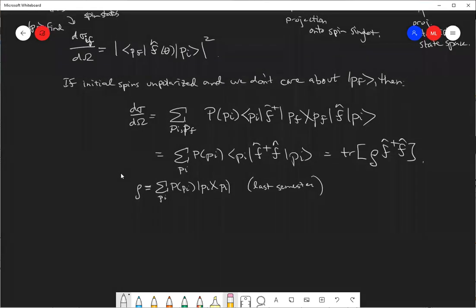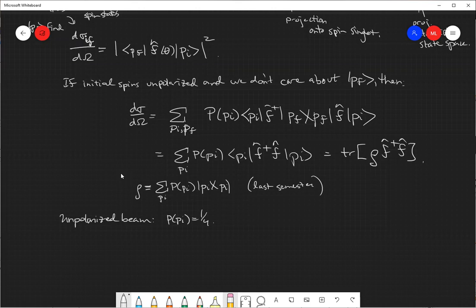And so for a truly unpolarized beam of incoming particles, you would have that the probability of observing any particular polarization, you know, up, up, down, down, in your basis is just going to be a quarter, because there's four possibilities, right?